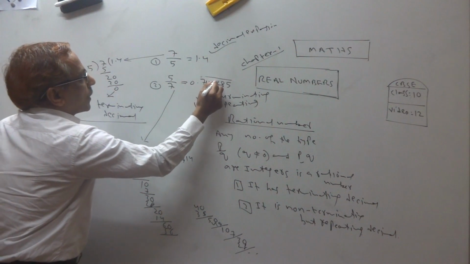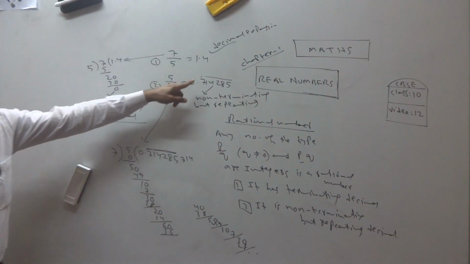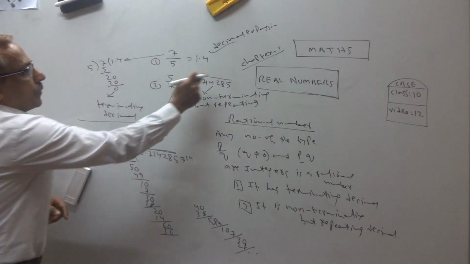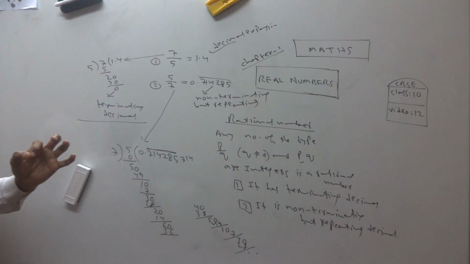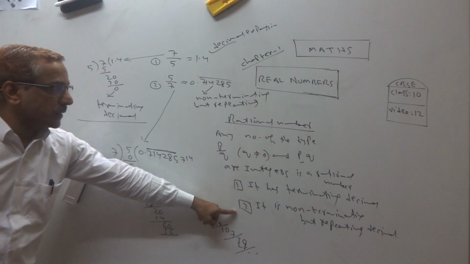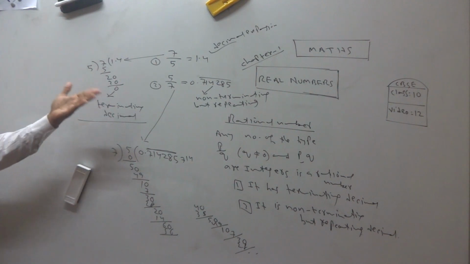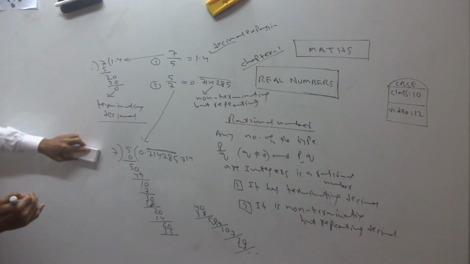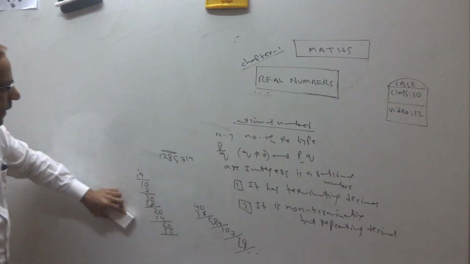It is called the repeating block. 714285 will come again, so here we put a bar. So there are two types. Is it clear? It is a terminating decimal, or the second is non-terminating but repeating. This was there in 9th class also. Now let's see what is there in the fourth exercise.